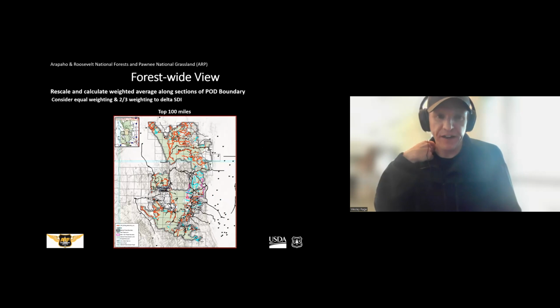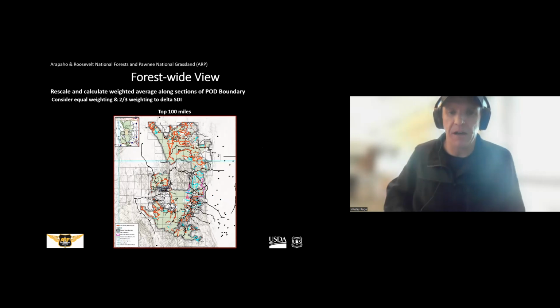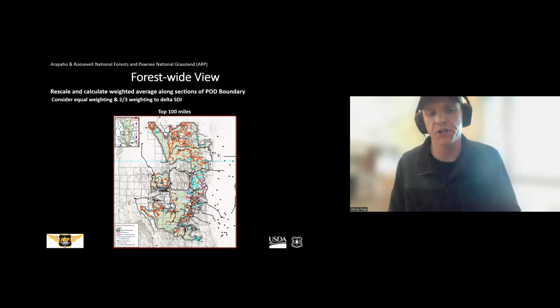Taking those 3 factors, I did a forest-wide view, but this can be done for smaller areas. I rescaled and calculated weighted averages for those different factors, and looked at different weighting scenarios to see what the pod boundary treatments are where we can change the outcome and improve suppression effectiveness.